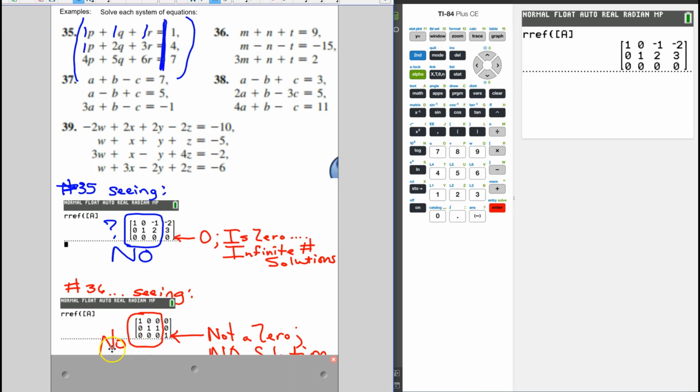So, no, I don't see that. I look at the last bottom number. It is not a 0, so there is no solution. Is 0 infinite solutions? Match the I's in your memory. Not and no down here. Not a 0, no solution.